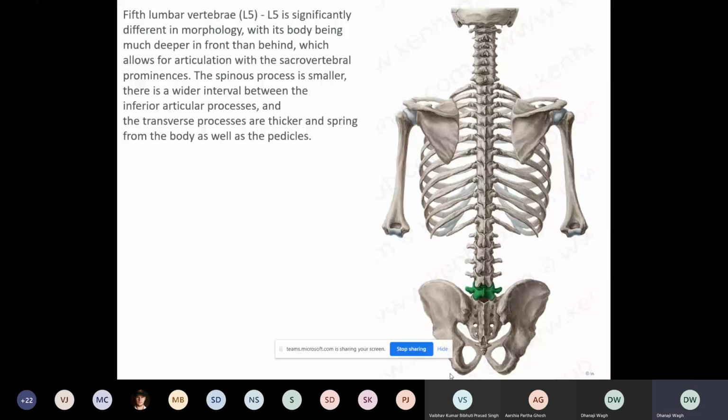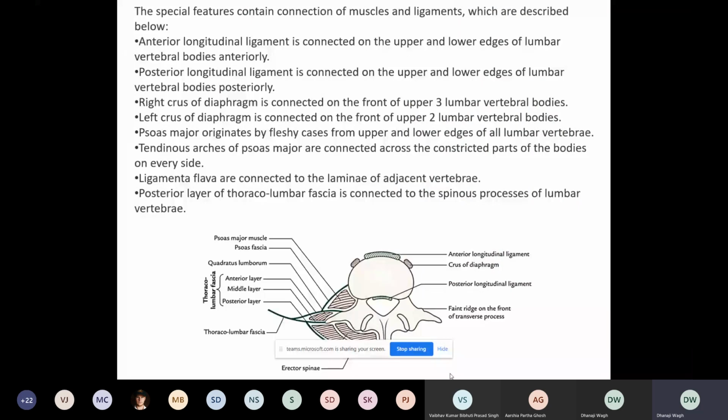Then special features connecting the muscles and ligaments. You can see this diagram. Anteriorly there is the anterior longitudinal ligament, which connects to the upper and lower ridges of the lumbar vertebral bodies anteriorly. The posterior longitudinal ligament connects on the upper and lower edges of the lumbar vertebral bodies from the posterior side.